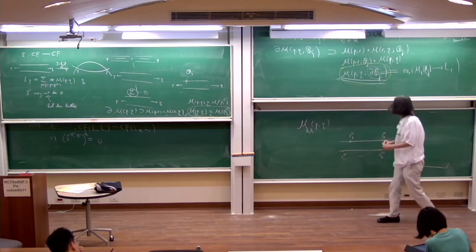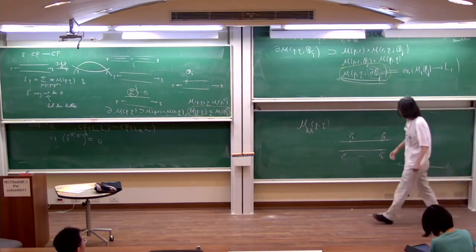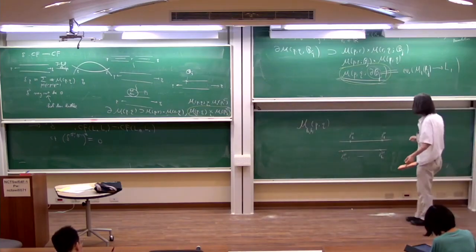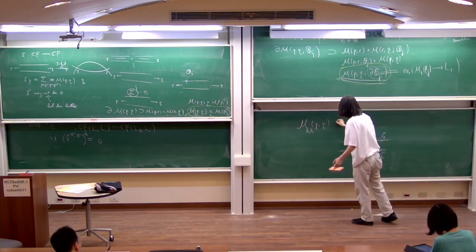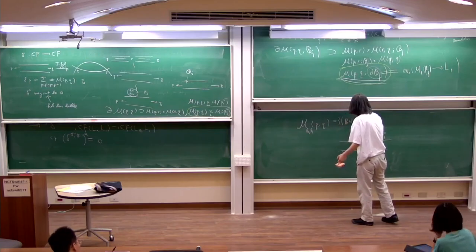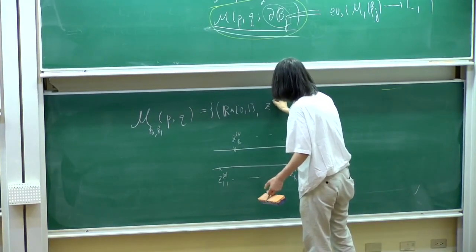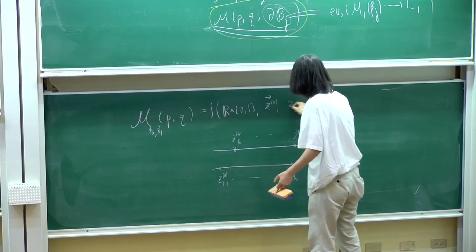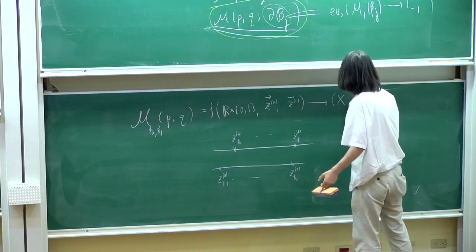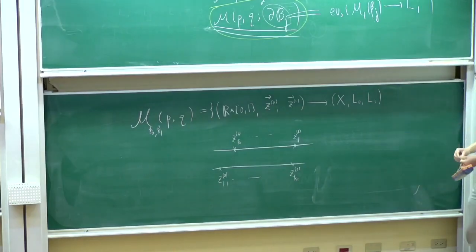Okay? So I put an arbitrary number of marked points on the boundary of this strip. And here the domain is R cross 0, 1. And we also have these marked points Z0 vector and Z1 vector, mapping to X, L0, L1. So the lower boundary is mapped to L0 and the upper boundary is mapped to L1.